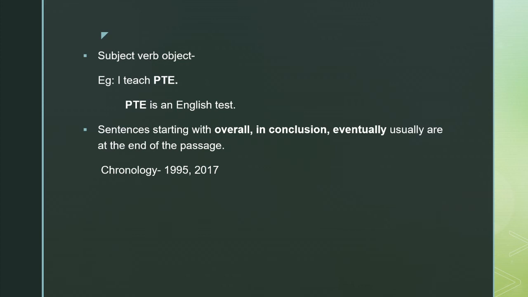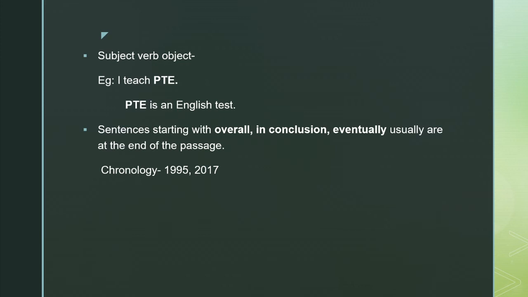So if you go through any of these sentences, then you can actually tell there is a connection sentence. And the last one: if there is a word like overall, in conclusion, eventually, etc., then you can definitely make sure that it would be the concluding sentence because it contains such words. So please make sure of that.